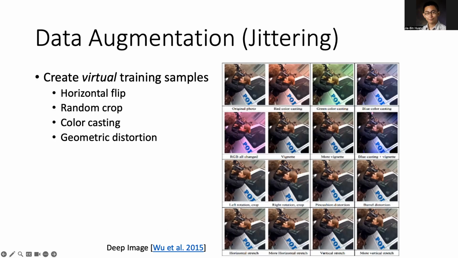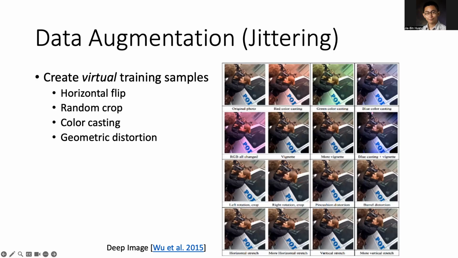A common way with an image is to do random cropping for jittering, add noise, blur, and so on. These are common ways to increase the amount of data even if you don't have that much, and this has been standard practice to improve the data and the model.